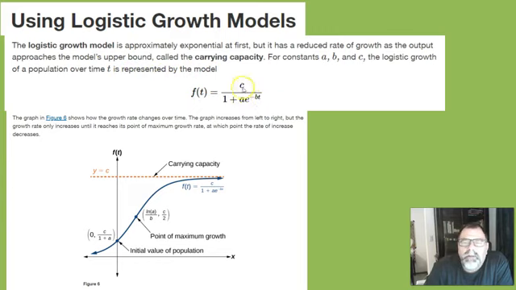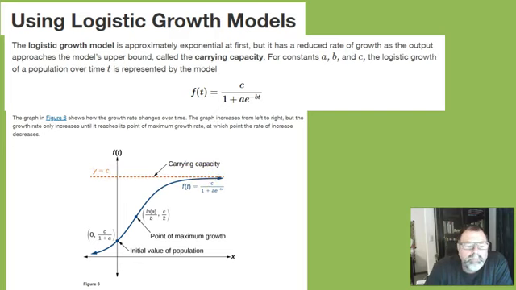Okay, so c is called the carrying capacity. And the graph, figure 6, shows how the growth rate changes over time. It starts out looking exponential, and then at some point it starts tapering off, and we don't want to go beyond the carrying capacity of whatever the growth model is for.